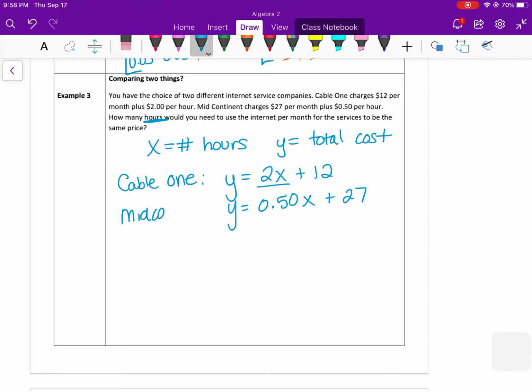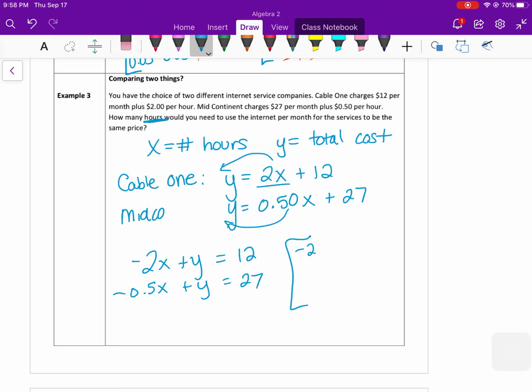So you would have to move this 2x over to this side by using subtraction. So it'd be negative 2x plus y equals 12. And then moving this one over would be negative 0.5x plus y equals 27. And then you would be able to set up your matrix C. Because the solution to a matrix problem is essentially where these lines intersect.